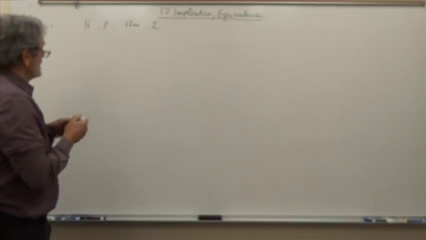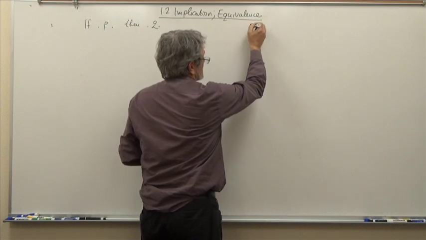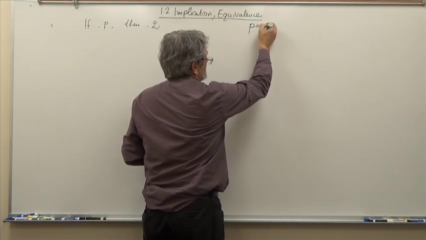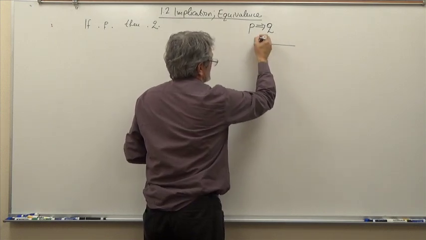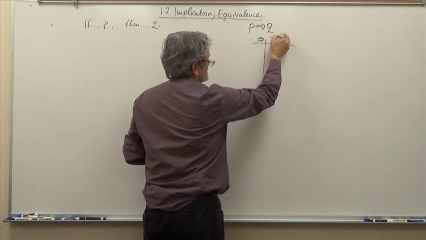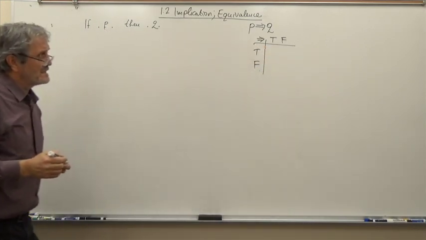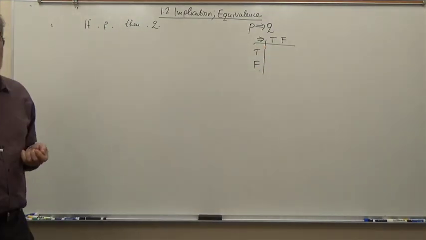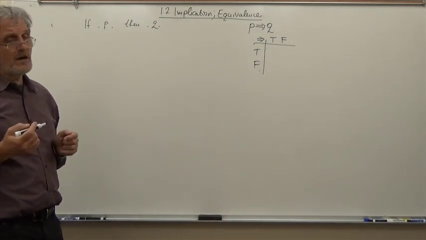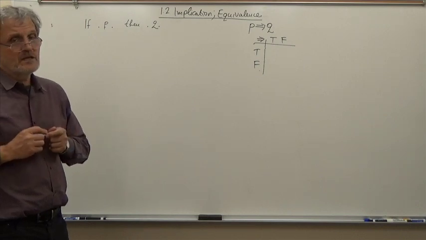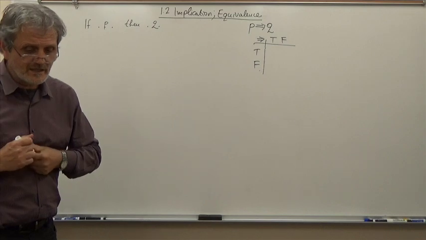So generally, this statement, if P then Q, is coded by the propositional formula P implies Q. And the same way as last time, we'll have the table, true, false, and then I need somehow to convince you that the way we will fill in the table is actually the correct interpretation of everyday language.